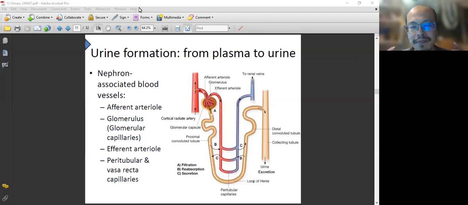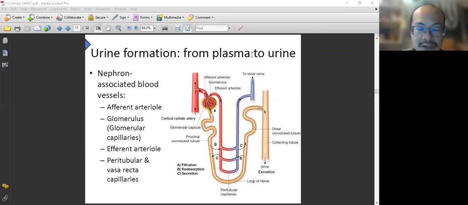So the bottom line is that the kidney's function is to clean the blood. So it's right here. It's an interaction between the blood vessel and the nephron. Here I show you a summarized, simplified cartoon showing you the interface between these two vessels.